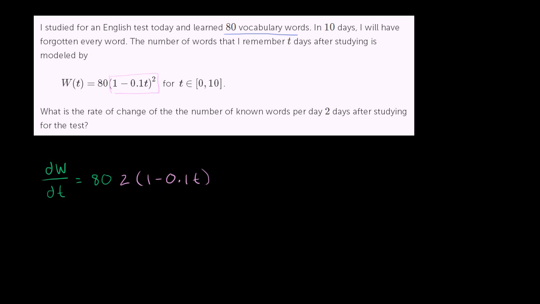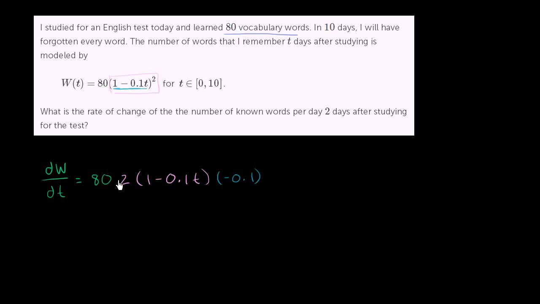And now I can find the derivative of this inner expression with respect to t, which is just 0 minus 0.1, so it's just going to be negative 0.1.